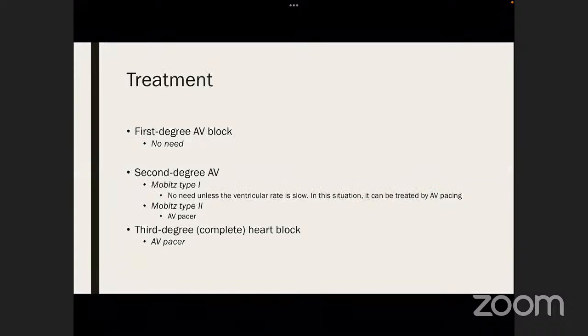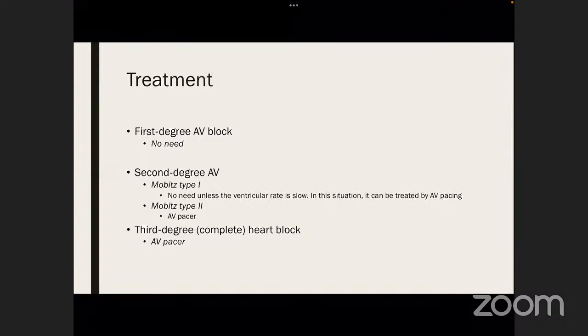For the intervention, as I said, for the first degree AV block, mostly there is no need for any intervention, but monitoring should be done. Second degree AV block, we have the Wenckebach or the Mobitz type 2.